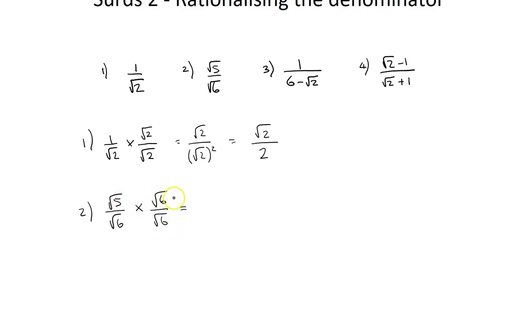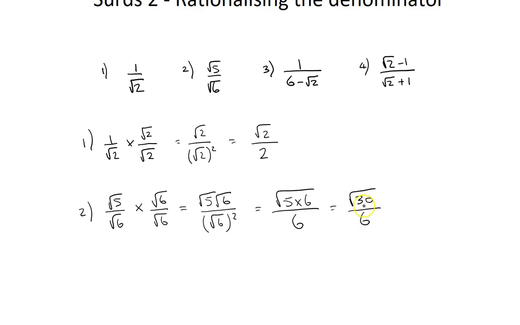If we multiply this out, we've got root 5 times root 6 over root 6 squared. And this is root 5 times 6 over the 6 squared and the square rooted. The square root and the square cancel and we're left with 6. And this becomes root 30 over 6.